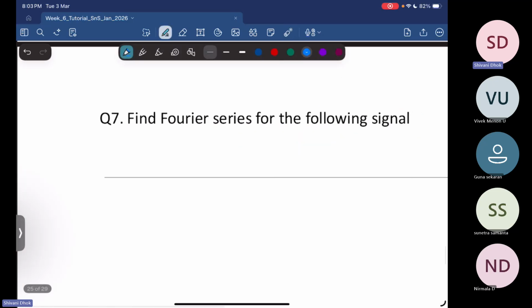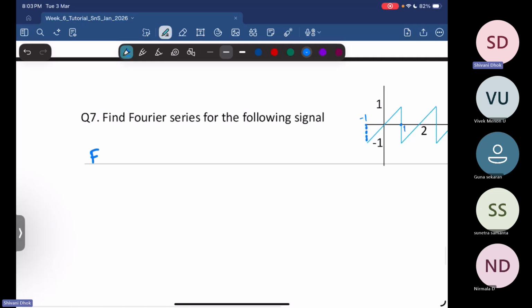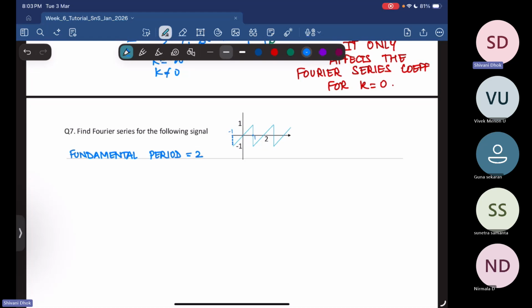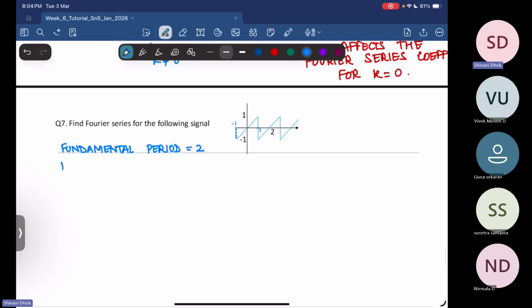So the fundamental period is 2, and your fundamental frequency is 2 pi by T, that is 2 pi by 2, that is pi.